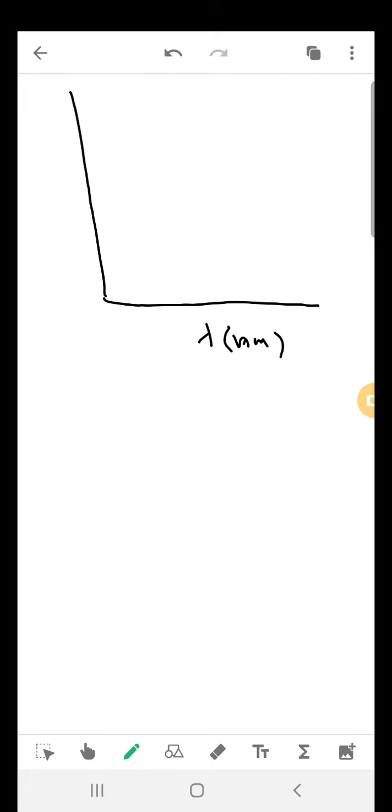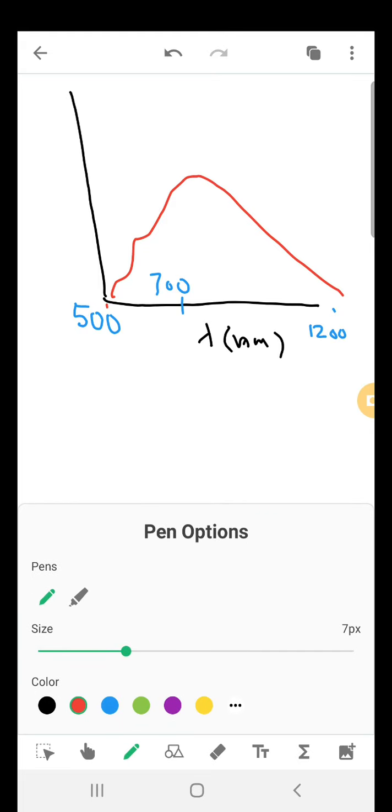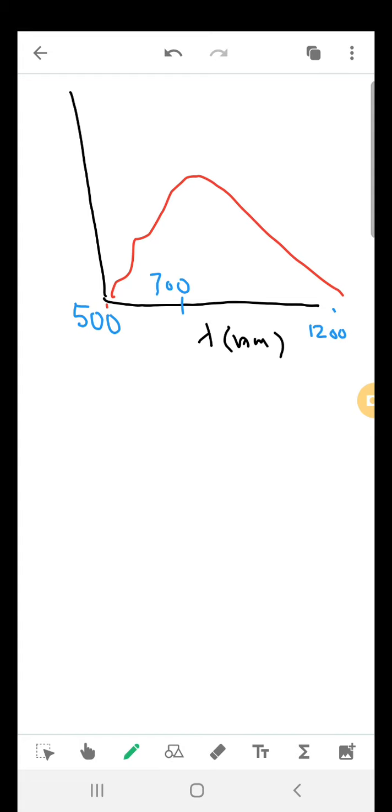So a 20 nanometer shell will show a resonance like this, somewhere around, say, we consider this as 500 nanometers and this as 700 nanometers and this as 1200 nanometers. So this is for 20 nanometers.